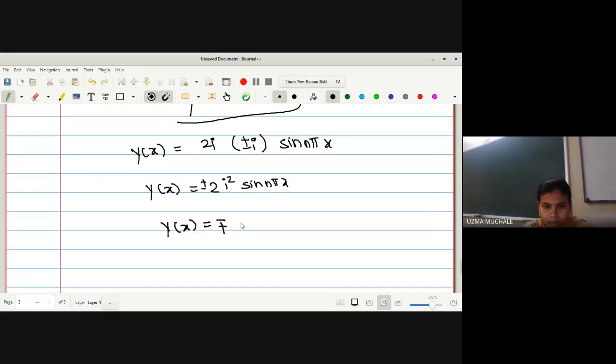So here we can now write minus or plus 2 sine n pi x, which is nothing but the required non-trivial solution. Okay?